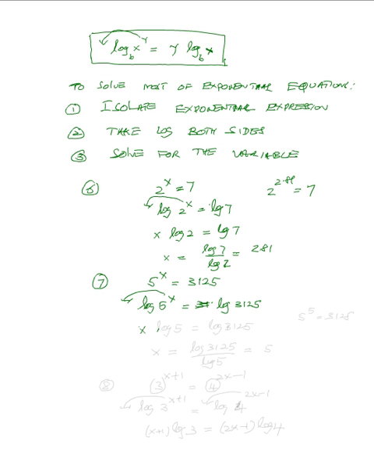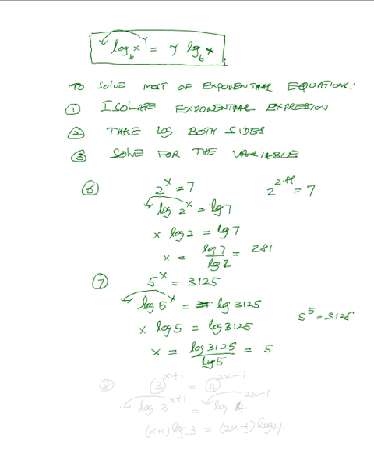So x times log 5 equals log of 3125. So x in fact equals log of 3125 over log of 5, which will work out to be 5. So what we are saying here is 5 to the 5th power in fact equals 3125.